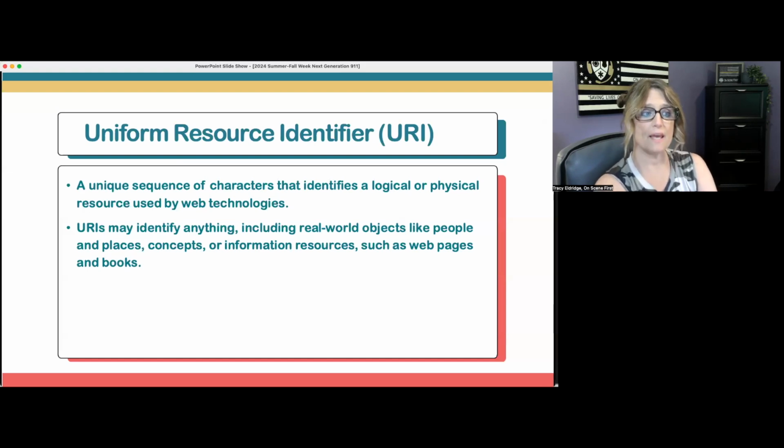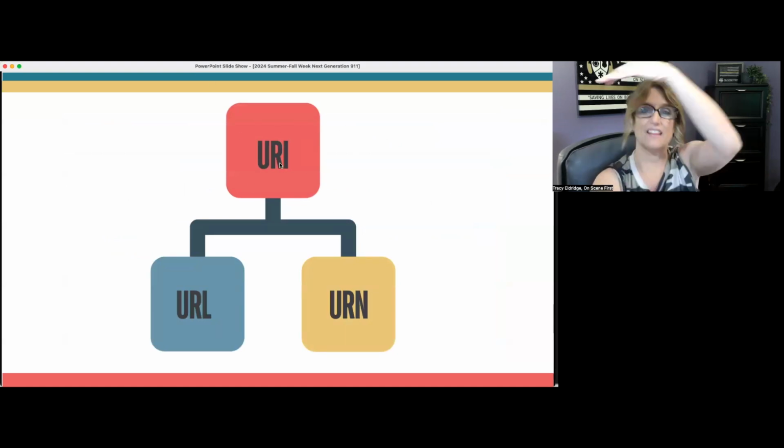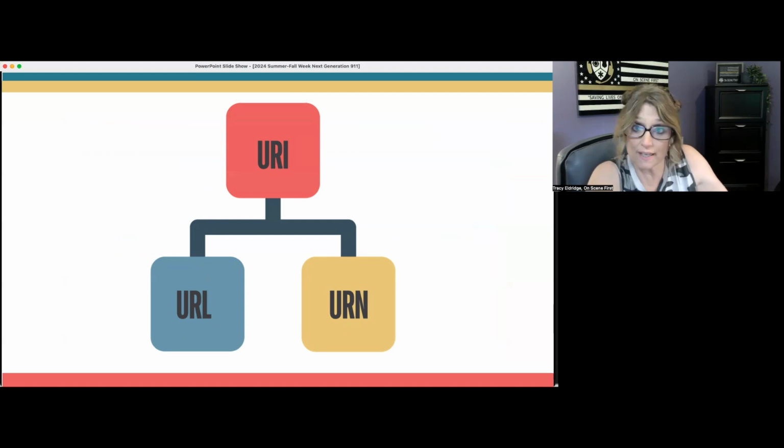URIs may identify anything, including real-world objects like people, places, concepts, or information resources such as web pages, books, the card catalog, etc. URIs are not just specific to the internet. URIs are found other places in the world. So just as I said, the URI is kind of the category of what it is.